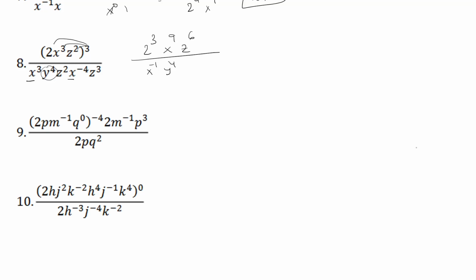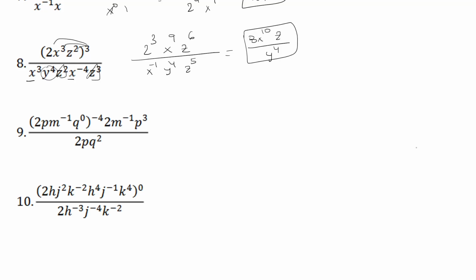Z squared and z cubed, you multiply, which means you add the exponents. And from here you just simplify. So 2 cubed is 8. X to the 9th over x to the negative 1, you subtract to get x to the 10th. We have z to the 6th over z to the 5th, which is just z. And that's all over y to the 4th.